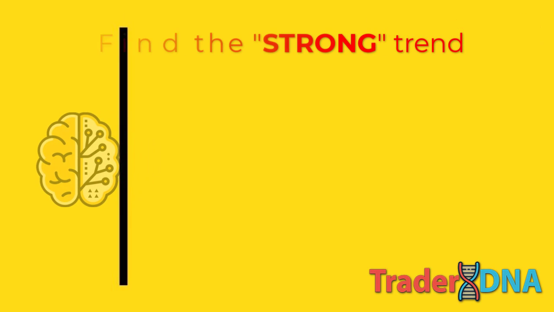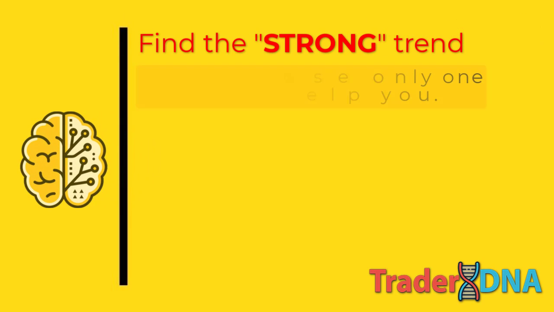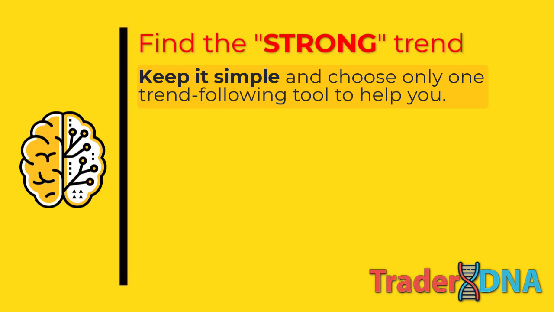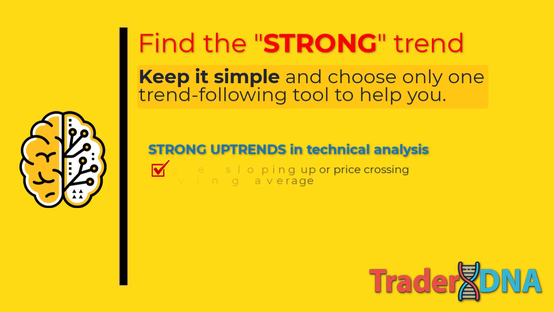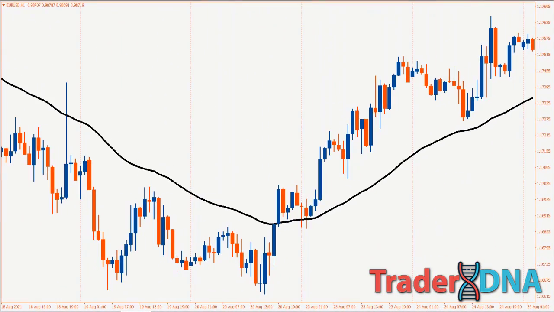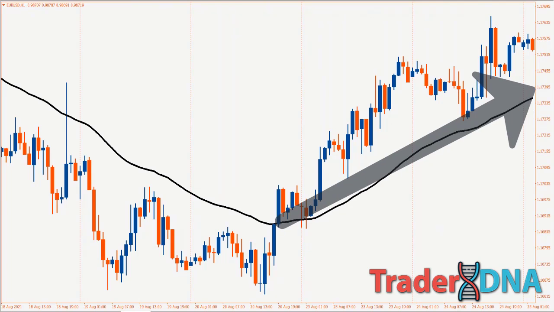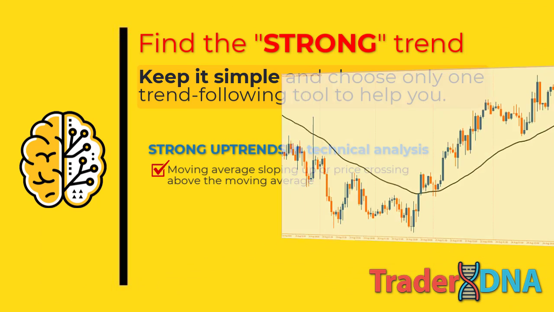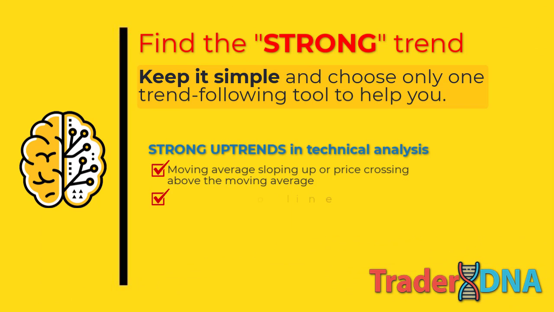First, find the strong trend. Keep it simple and choose only one trend following tool to help you. Suggested trend tools. Strong uptrends in technical analysis. First, moving average sloping up or price crossing above the moving average. Second, MACD moving above the zero line.